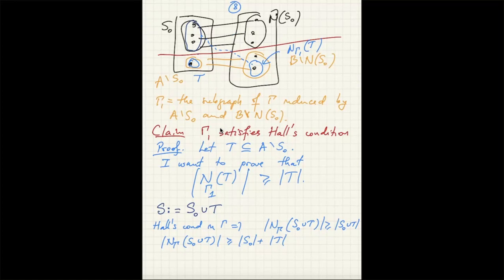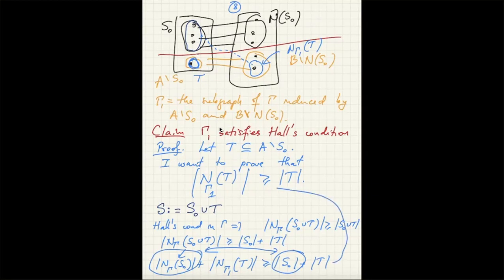So the neighborhood here splits into the neighborhood in gamma of S0 plus the only other contribution to the neighborhood, which is from the vertices in T, and that is the neighborhood in gamma 1 of T. So this left-hand side is greater or equal to the cardinality of S0 plus the cardinality of T. Now we use the fact that the neighborhood of S0 and the cardinality of S0 are the same, so you can delete them from both sides, and then we get that Hall's condition is satisfied.